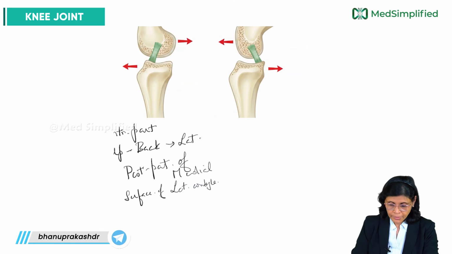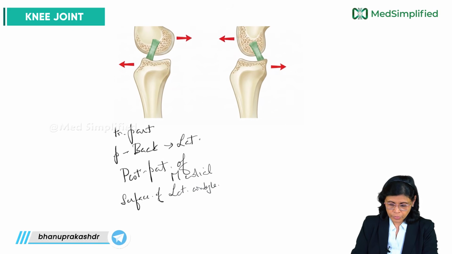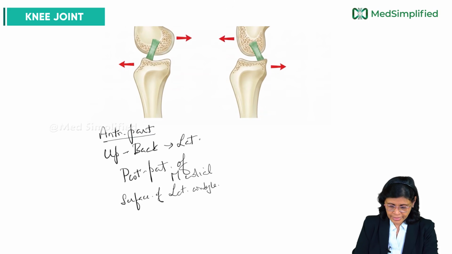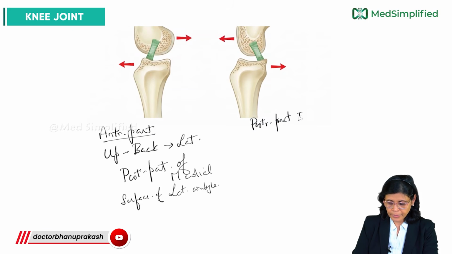Of tibia. Whereas the posterior cruciate ligament, it is attached to the posterior part of the intercondylar area of tibia.